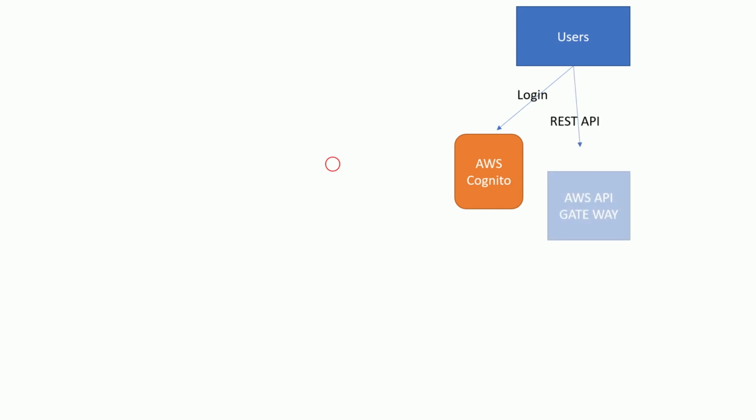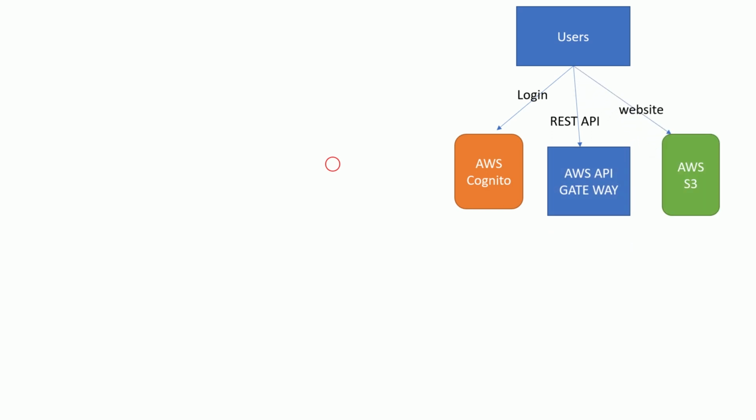For example, we have users from different parts of the world. They want to log in and they don't want to manage servers for their login services. So they can opt for the Amazon Cognito service. If you want to use a serverless REST API, then we can use AWS API Gateway. If we want to deploy a website without any servers behind it, we can use AWS S3 for static web content.